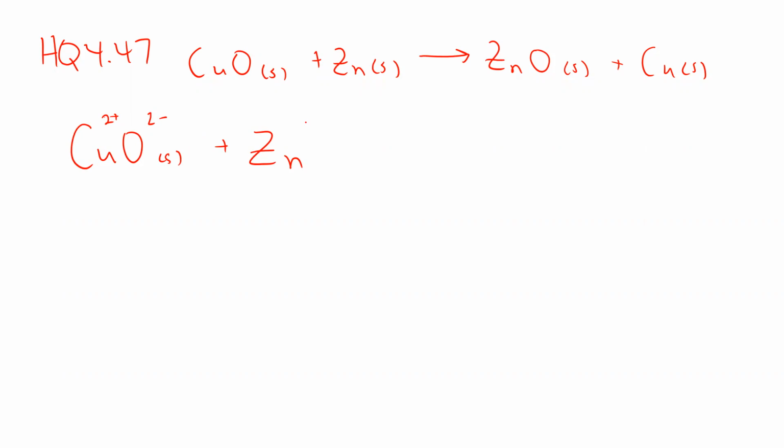So solid zinc is 0 in that case. And then on the other side, I've got zinc oxide, solid, and copper solid. So yes, zinc oxide combined total is neutral, but we can still think of what charge would be assigned to zinc. We would say that zinc is 2+ because again, oxygen is still 2-.